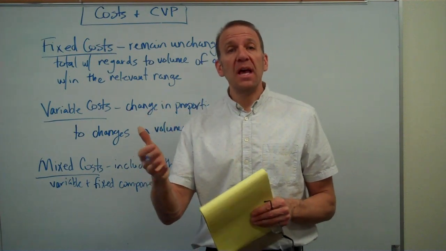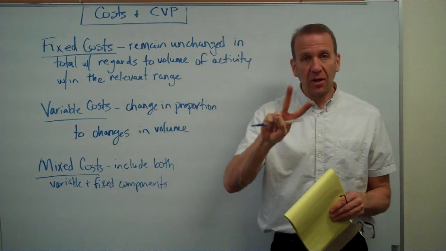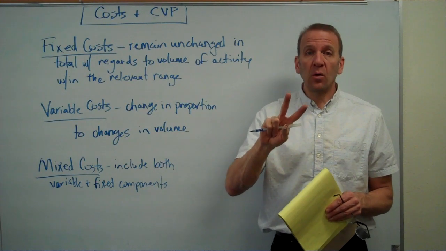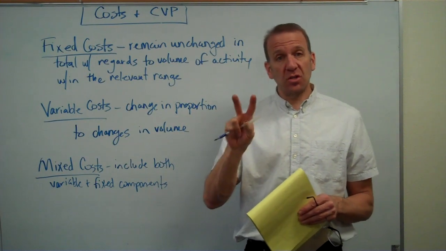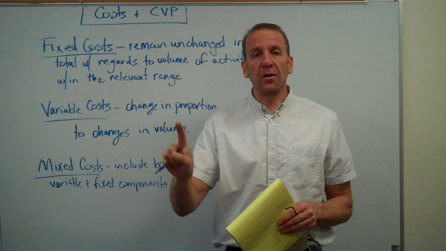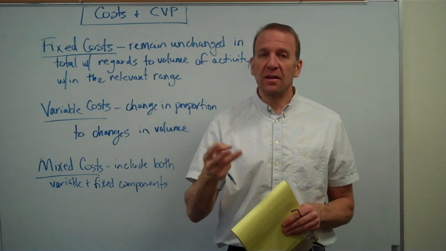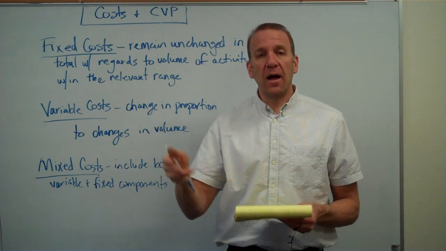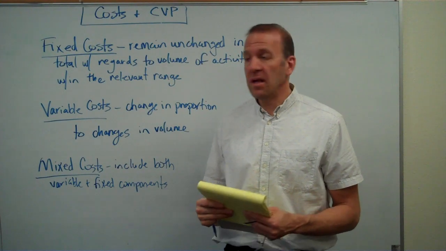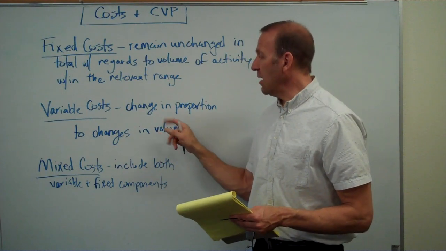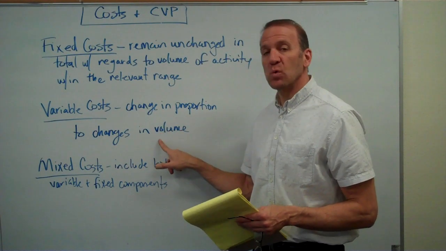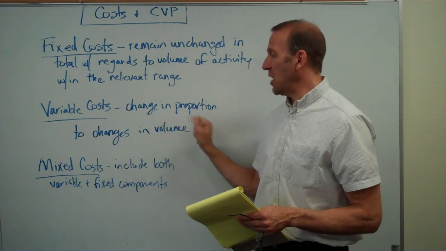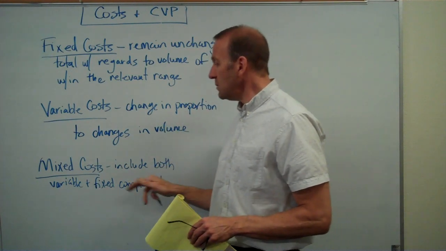If we manufacture 2 tables, then how much materials will we need? We'll need $100 worth of materials because there's 2, and each one will need $50. If we manufacture 3, 50, 50, 50, $150 worth of materials. So it varies depending on the number of tables we manufacture. So, change in proportion to changes in volume.